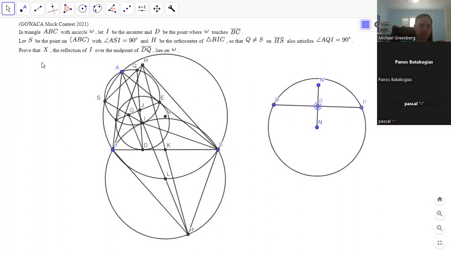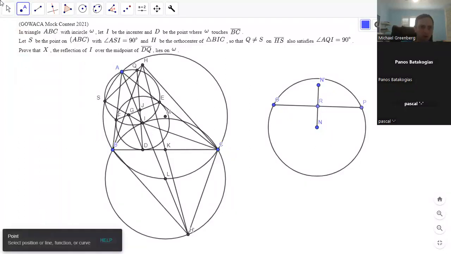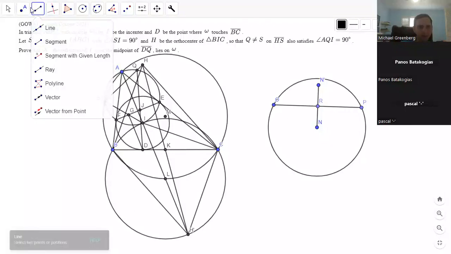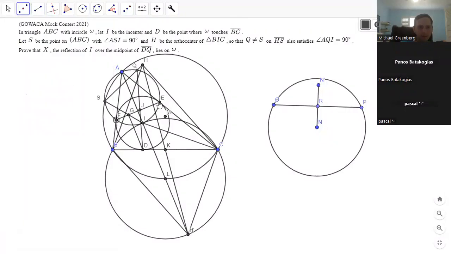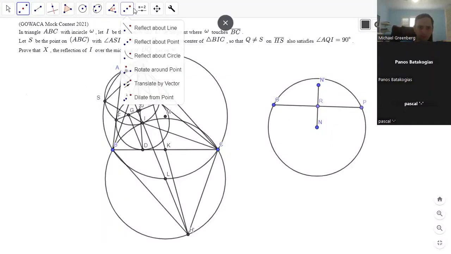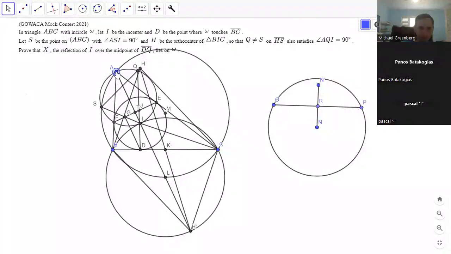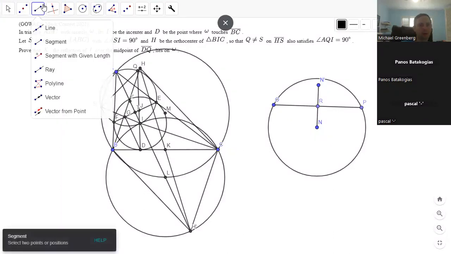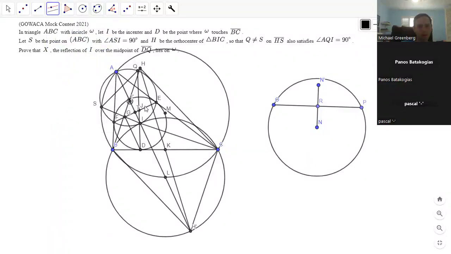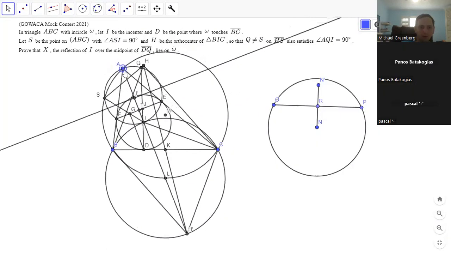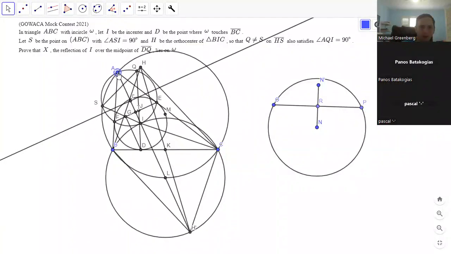So basically, if I take the midpoint of F, which is T, and I reflect I over that, I reflect I over T. Yeah, we're saying that those would concur.